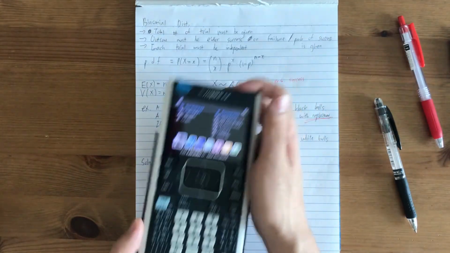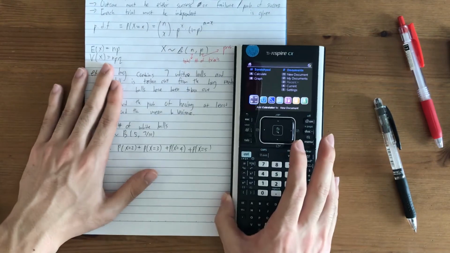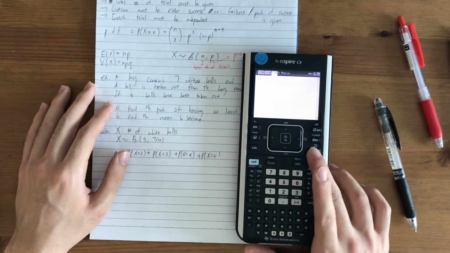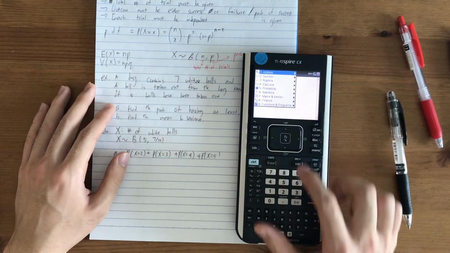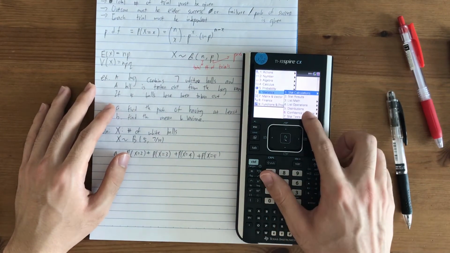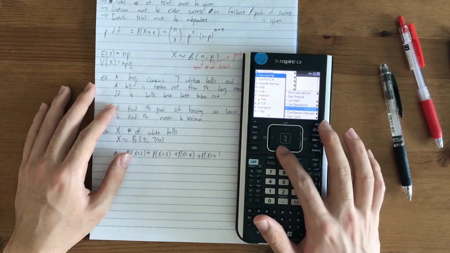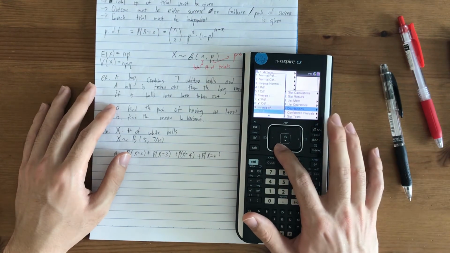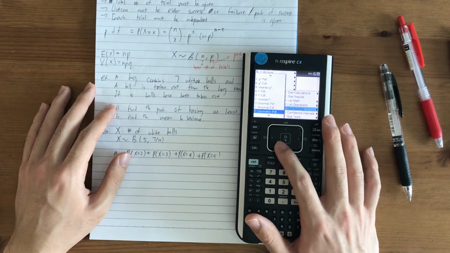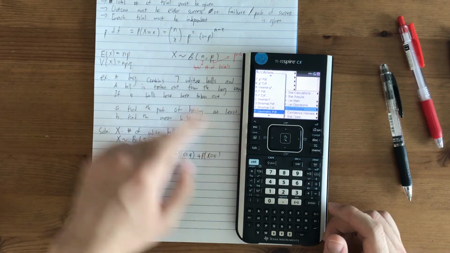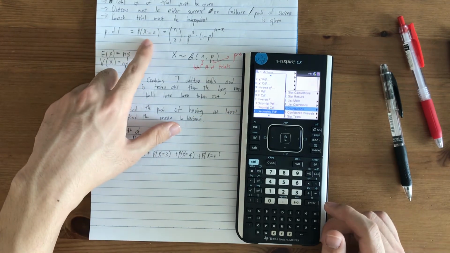For distributions, I'll tell you how we can use the calculator. First, go to menu, you see statistics, and you see distribution. You'll see a lot of distributions. We can go down and see there are binomial PDF and binomial CDF. PDF gives us 1 single value.